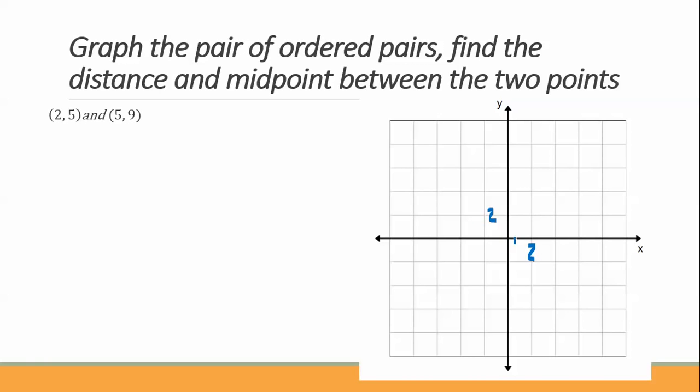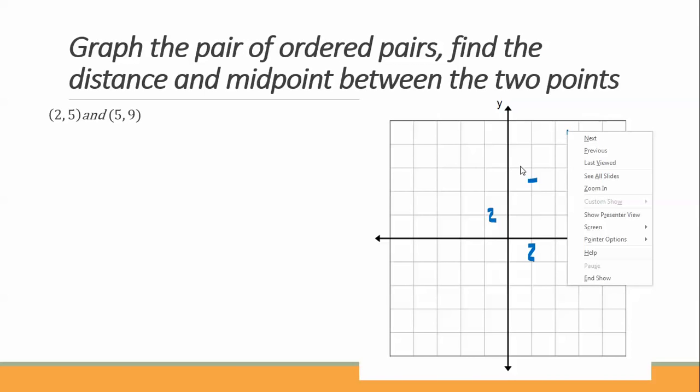So we're going to count over 2, and then we're going to count up 5. 2, 4, and 5 is directly in the middle. Now we want to plot 5, 9, so 2, 4, 5 is in the middle, and then 2, 4, 6, 8, and 9 is in the middle. So our other point is right there.